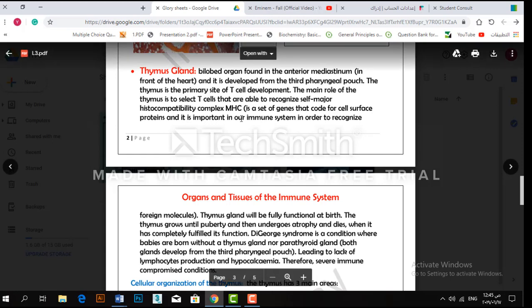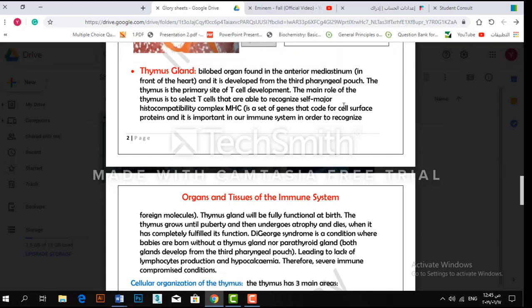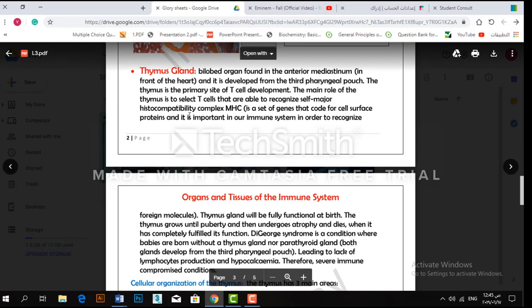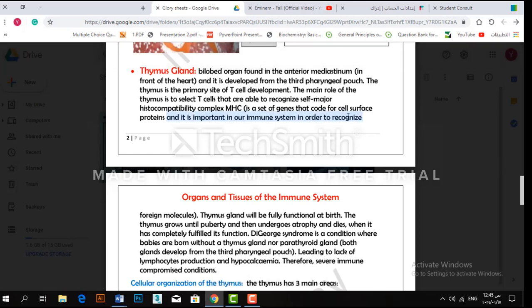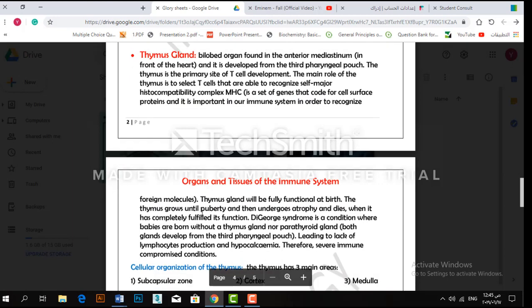An MHC complex is a set of genes that code for cell surface proteins, and it is important in our immune system in order to recognize foreign molecules. And as we mentioned before, T cells cannot recognize antigens without the help of the MHC complex.